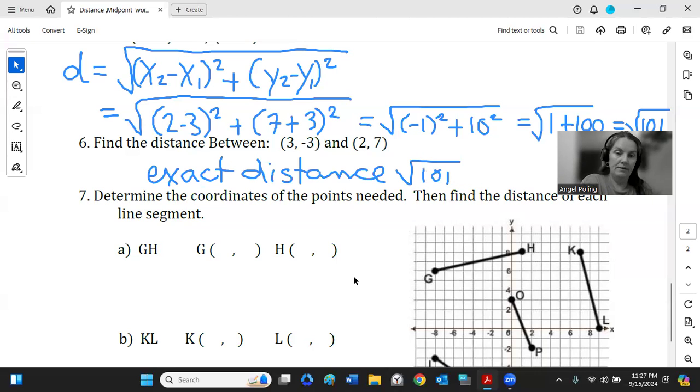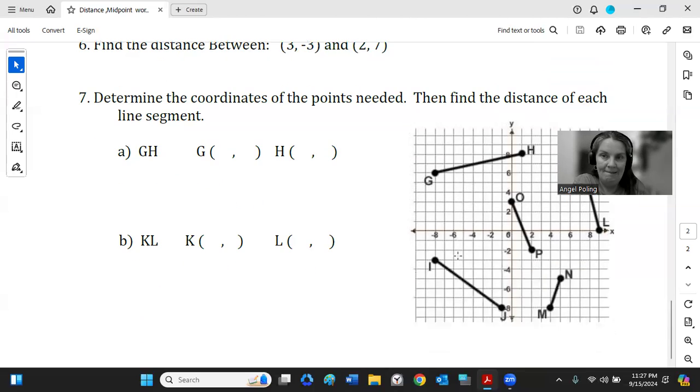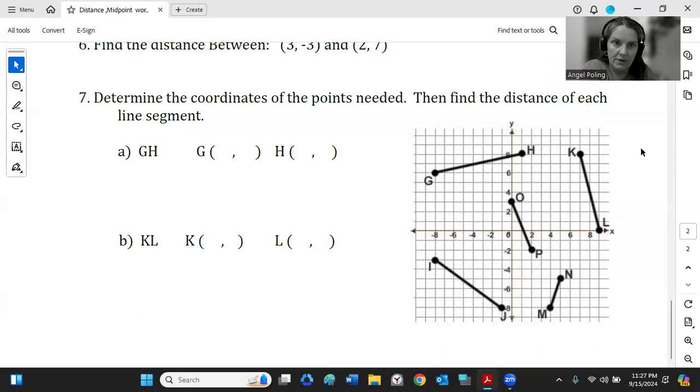Okay, now we have number 7 to look at. And for 7, we first have to get the points out of the graph and then find the distance.